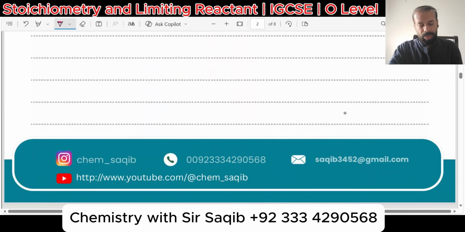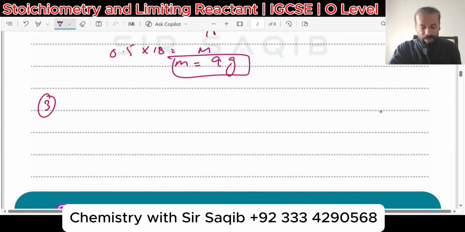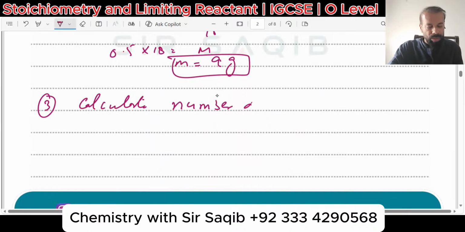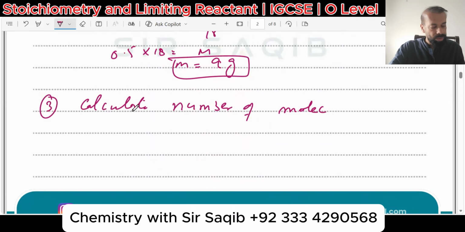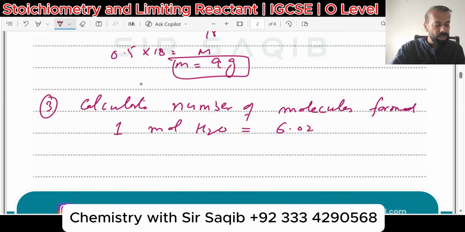Now if the examiner says calculate number of molecules formed. So we know that one mole H2O means 6.02 into 10 power 23 molecules.